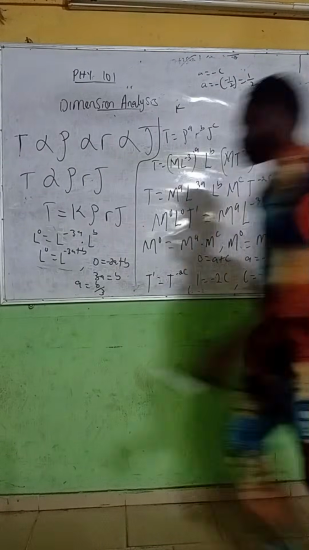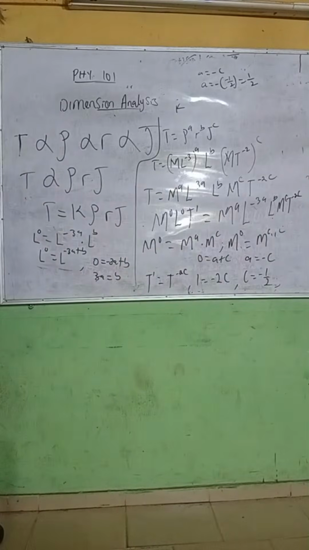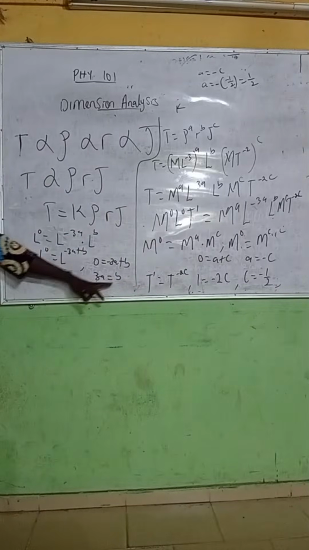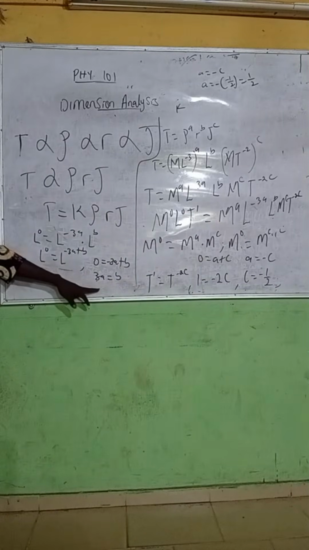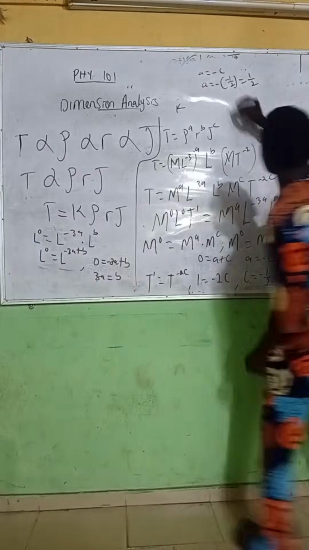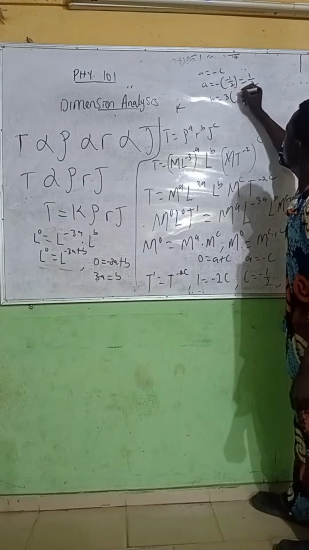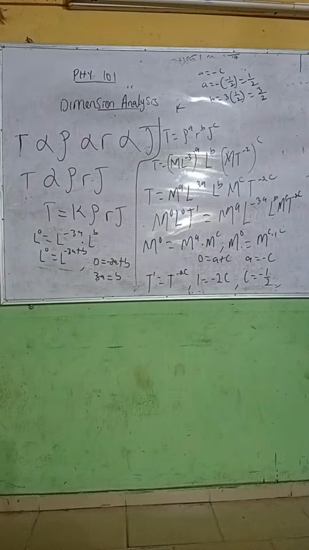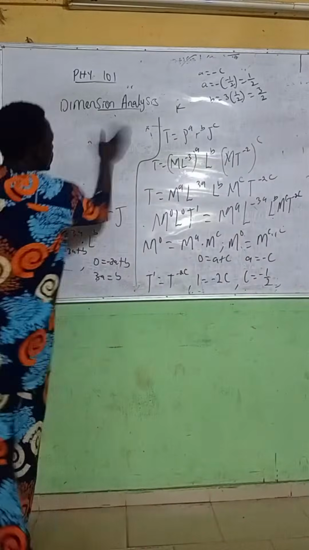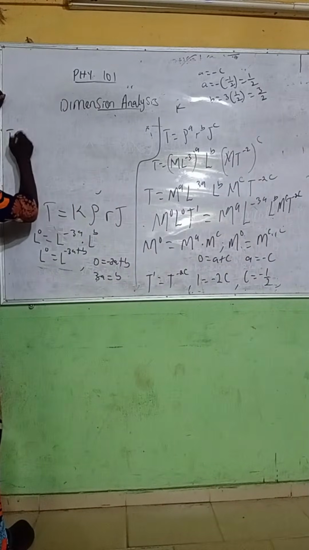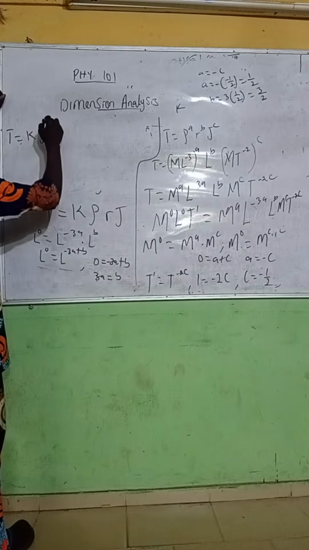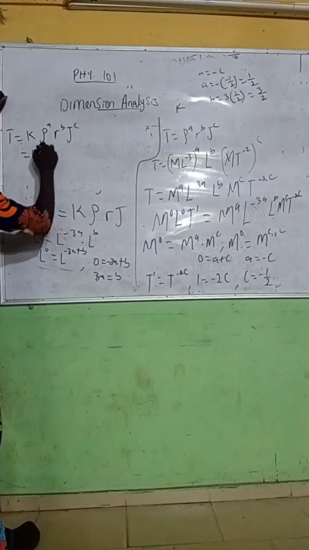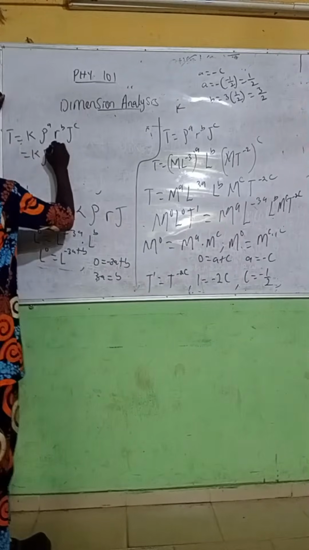It is B that we need to make the second formula here. We've gotten A and C now. C is minus half, A is half. Now B equals to 3A. Are we together? So you don't need to make a distinction formula here. So B equals to 3A, 1 over 2, which is 3 over 2, right? So now, the period of vibration T, don't forget, equals K raised power A, R raised power B, torque raised power C. K, what's A? 1 over 2.